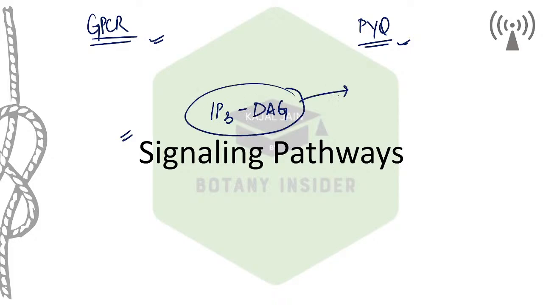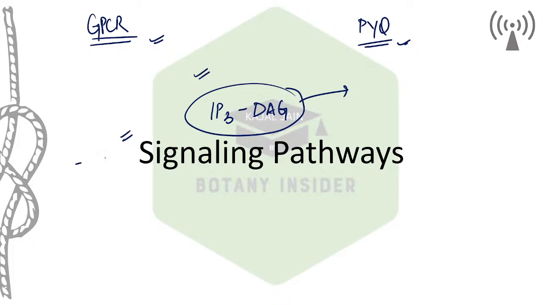It is again one of the most important segments in the CSIR. It has been asked repeatedly. I'll be showcasing two questions at the end of the class in the same manner we discussed yesterday. Today also, first we'll understand the entire process and then we'll solve the question. So let's discuss the IP3-DAG pathway.